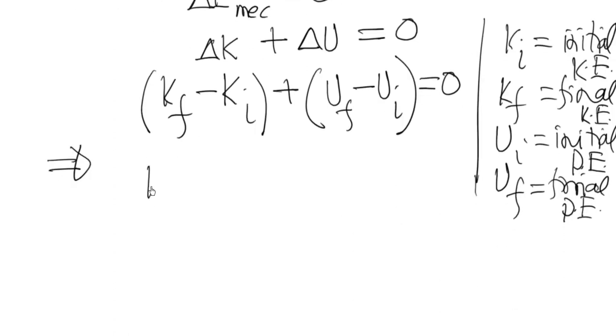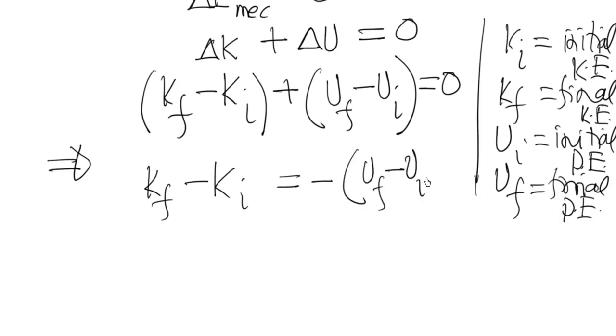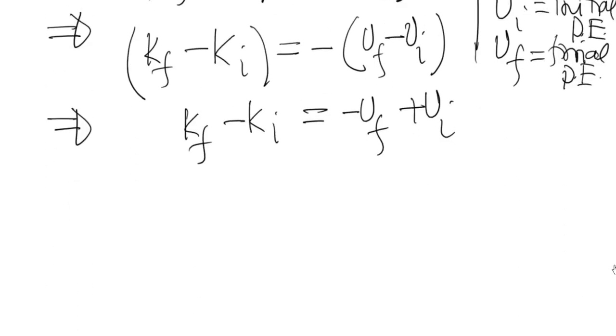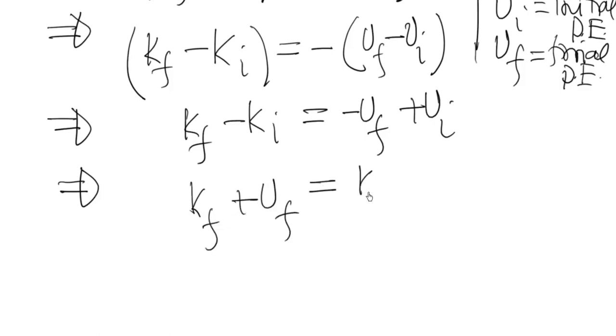From this we can write Kf minus Ki equals minus (Uf minus Ui), which can be written as Kf plus Uf equals Ki plus Ui.